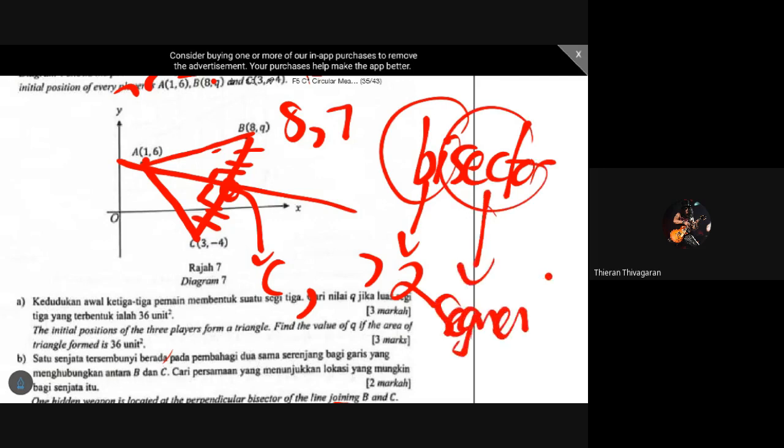Two segments of line which are equal to each other. Sama jarak. So now you need to find the midpoint. Can you tell me guys, what is the midpoint for this line? Berdasarkan dua koordinat ini, kalau kamu kira, apa kamu dapat? Koordinat titik tengah kamu.